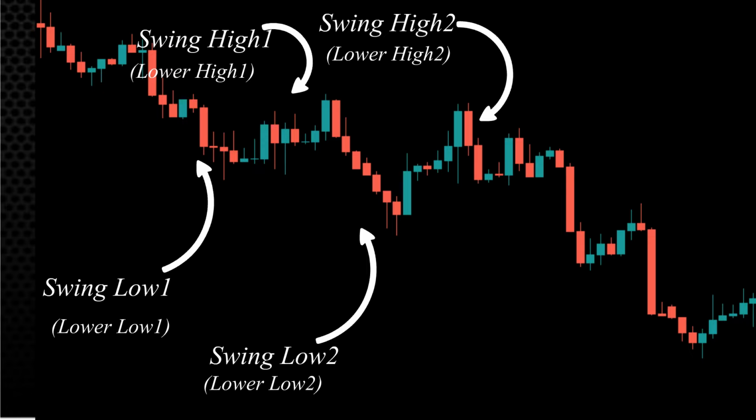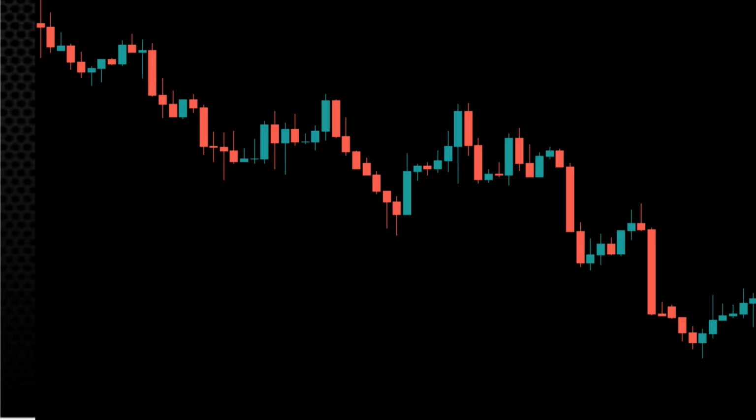Now, we can clearly see that the recent swing point, which is this swing high 2 or the lower high 2, is lower than the swing high 1 or the lower high 1. And the swing low 2 or lower low 2 is lower than the previous swing low, which is the swing low 1 or lower low 1.